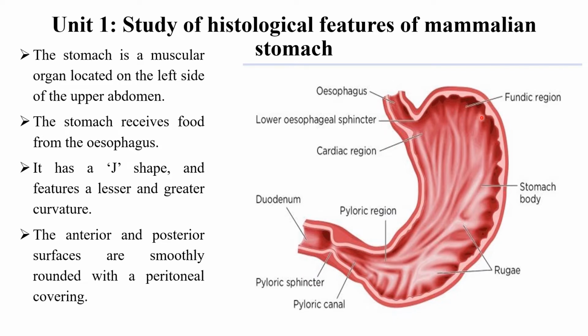The anterior and posterior surface of the stomach is lined by a smoothly rounded peritoneal covering. We can see here the outermost part of the stomach is covered by a peritoneal lining.